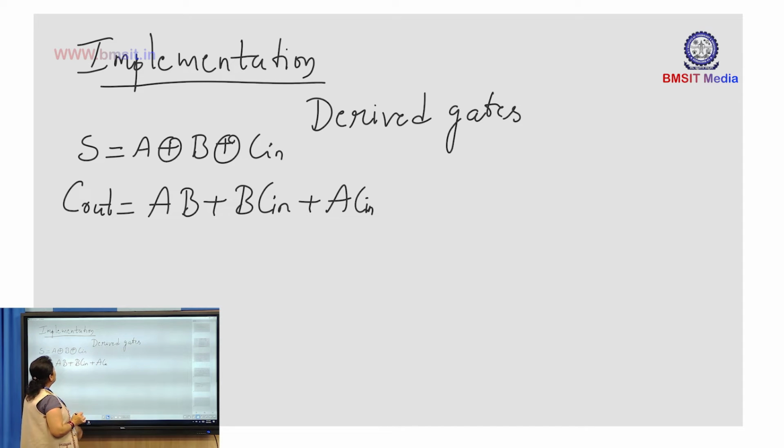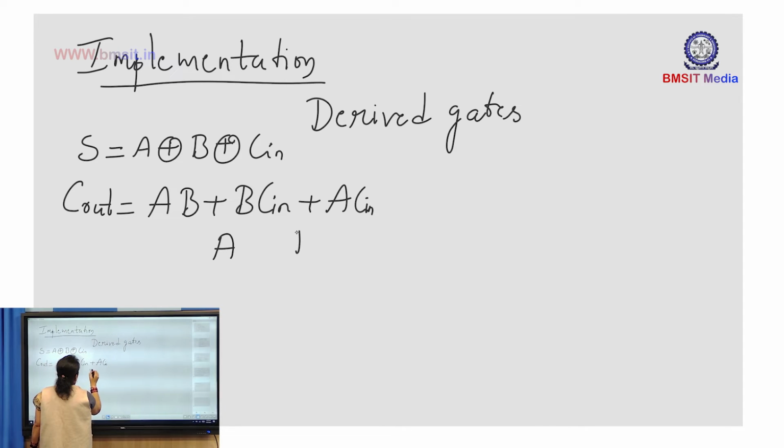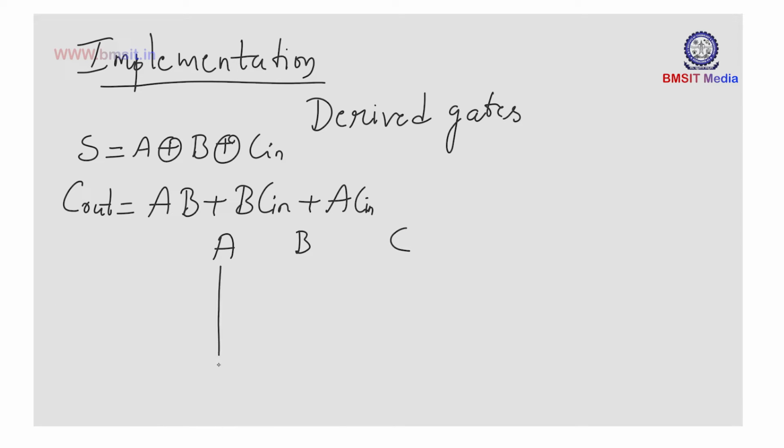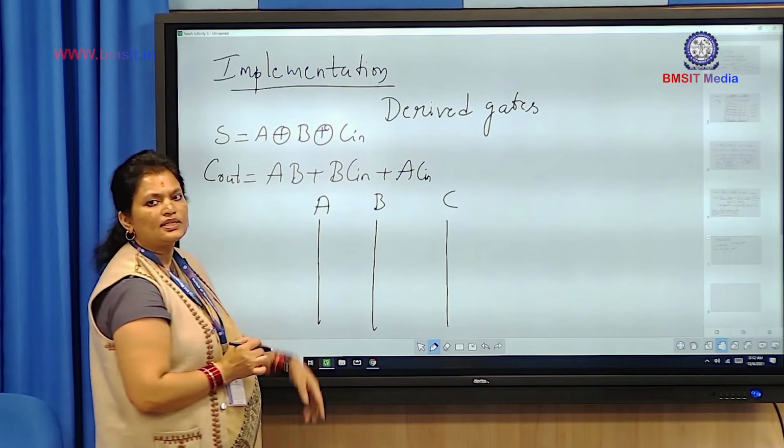So for this, how many inputs do you require? We require 3 inputs. So take 3 inputs, A, B and C. Okay, so let us go for implementing sum.